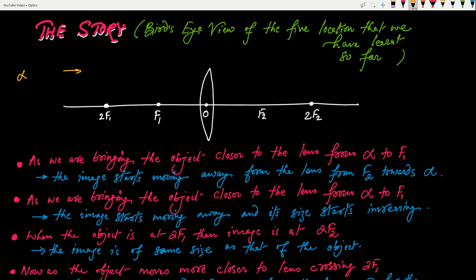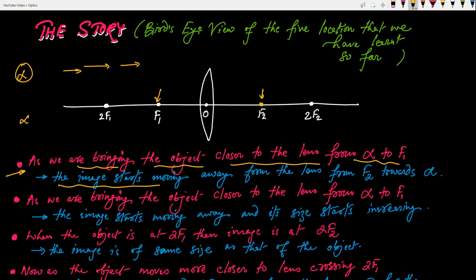The first point that we have analyzed is that the object is kept at infinity, and the image that was produced was at f2. Then what we did is we slowly brought the object closer and closer to the lens. Now what is actually happening on the image side? As we are bringing the object closer to the lens from infinity to f1, these are the locations that we have gone through.